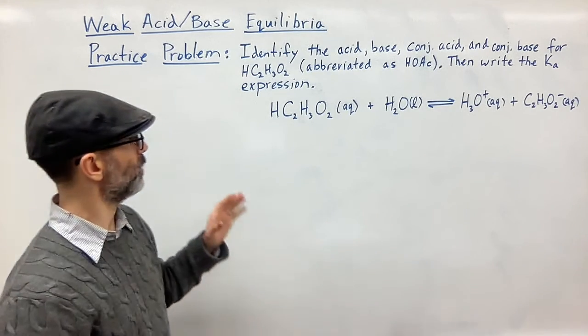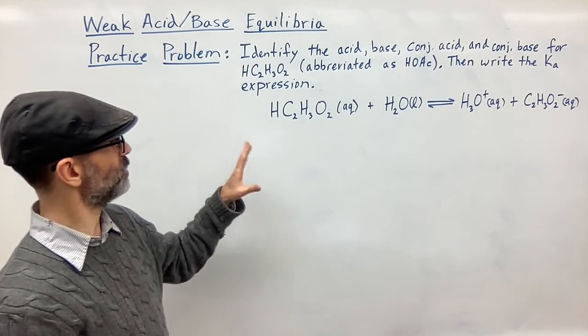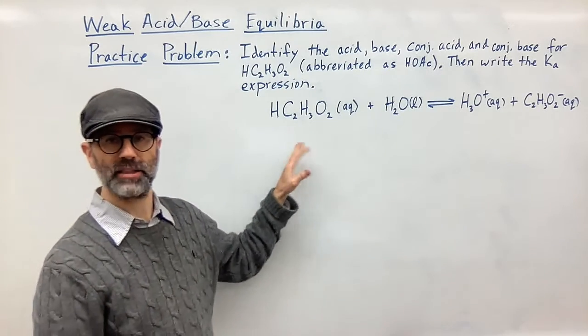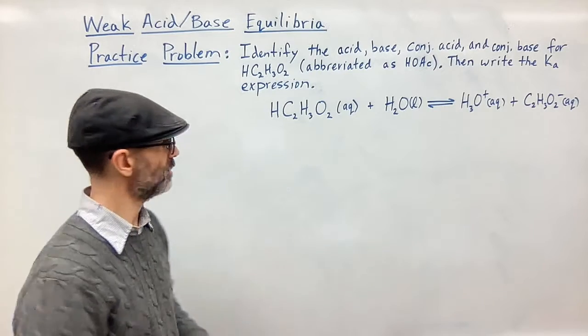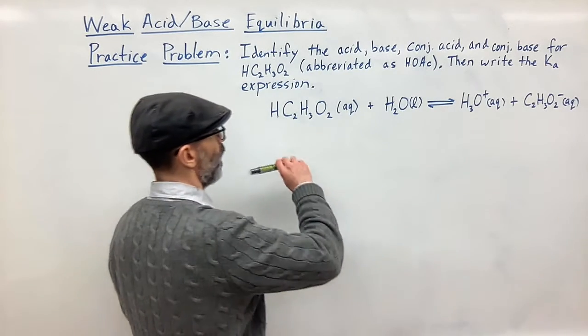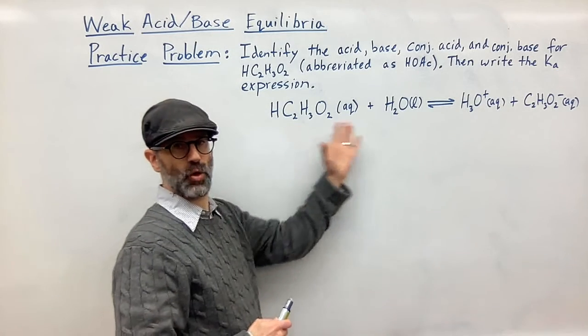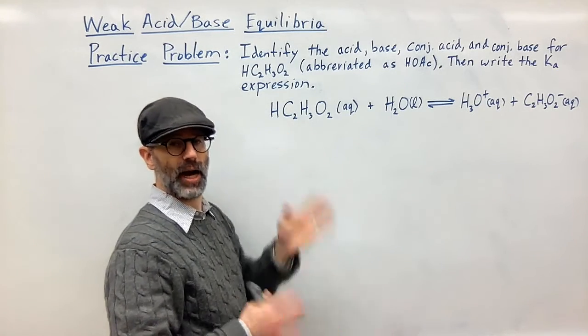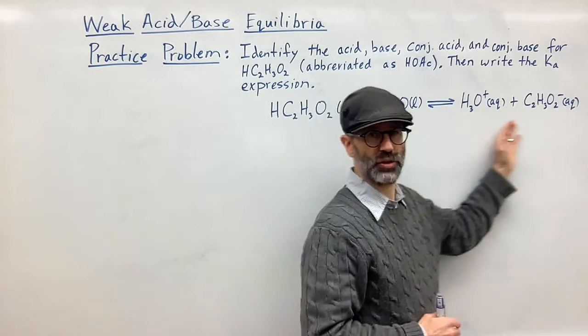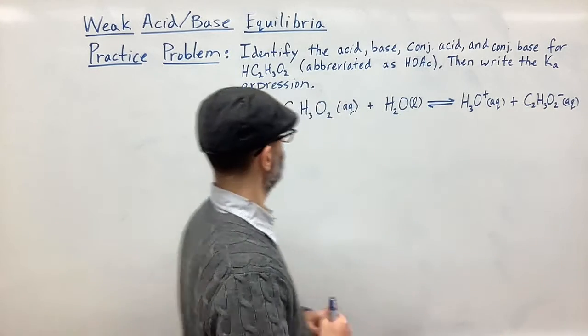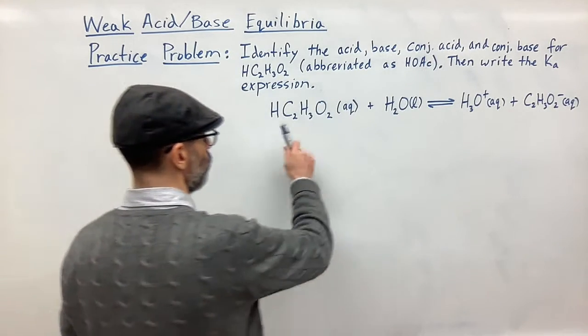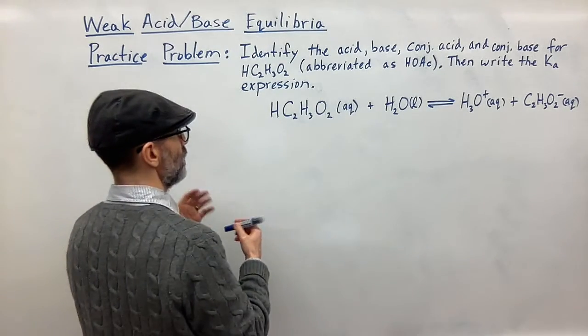And so what we need to do then is to first identify acid, base, conjugate acid, and conjugate base. So we look at these two for our acid and base. Remember, the acid and base are always going to be on the reactant side. Conjugate acid and base are always going to be on the product side. So we have to determine what's going to be the acid and base.